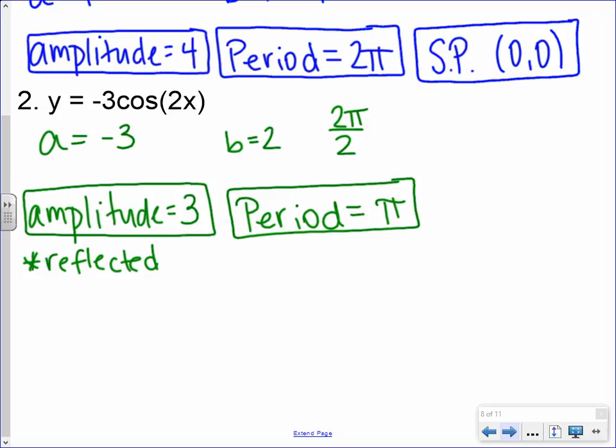And once again, we don't have anything added or subtracted inside. We don't have anything added or subtracted on the outside. So our starting point is 0, 0. We don't have any shifts.